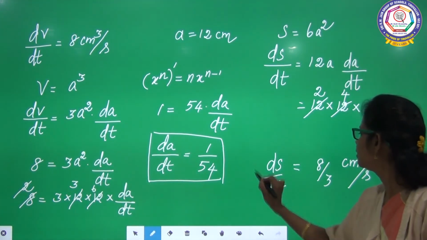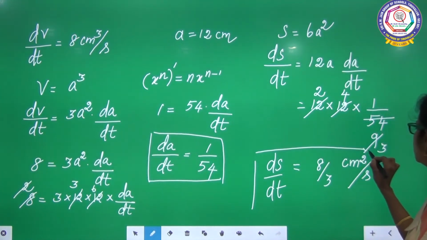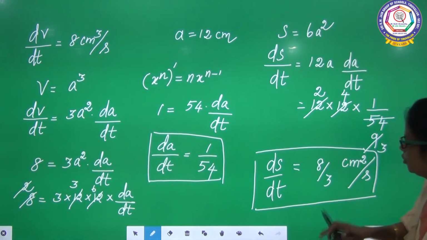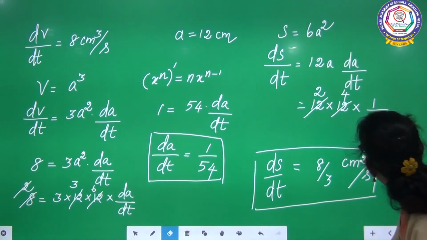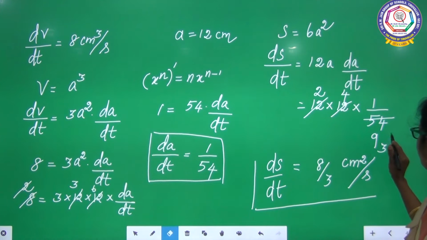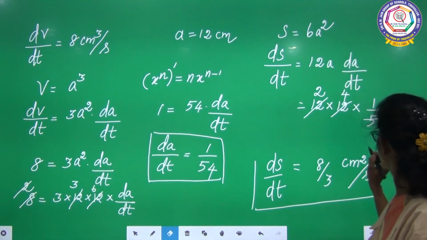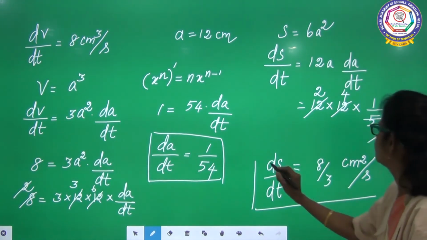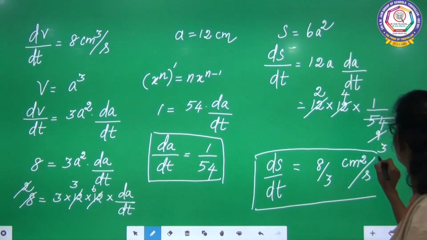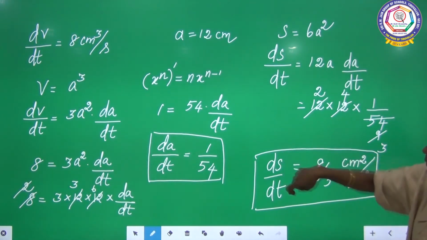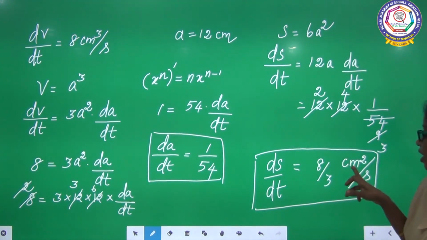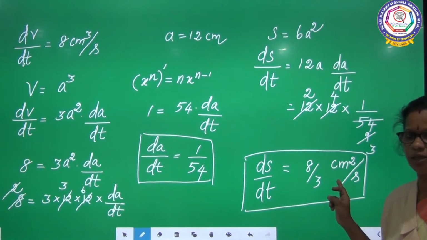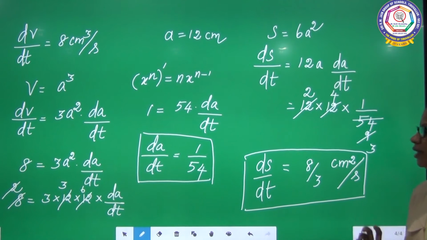So what is our dS by dt? The solution is dS by dt equal to 8 by 3 centimeter square per second, because surface area is represented by centimeter square and time is represented in seconds.